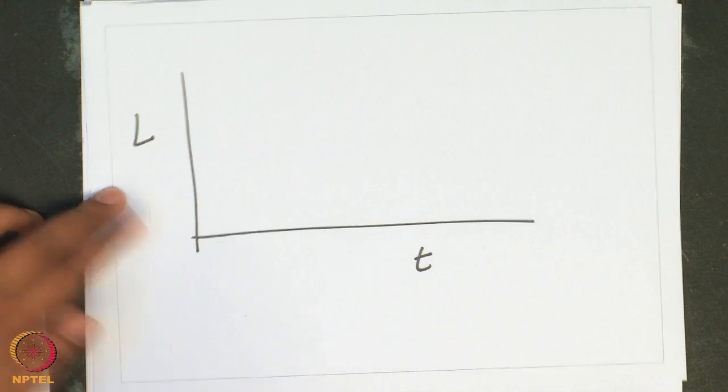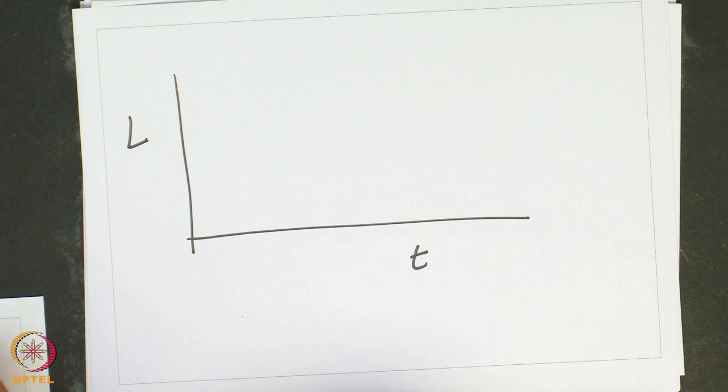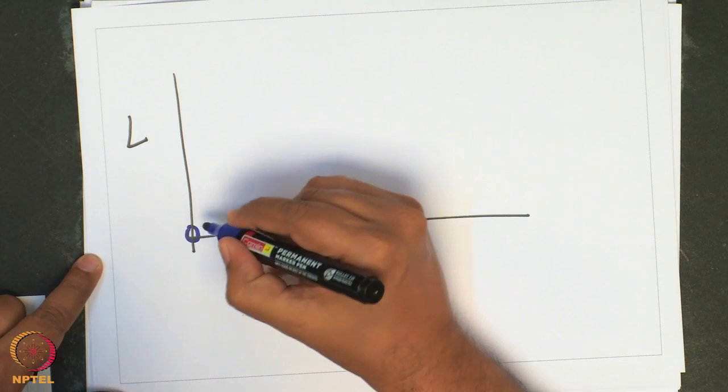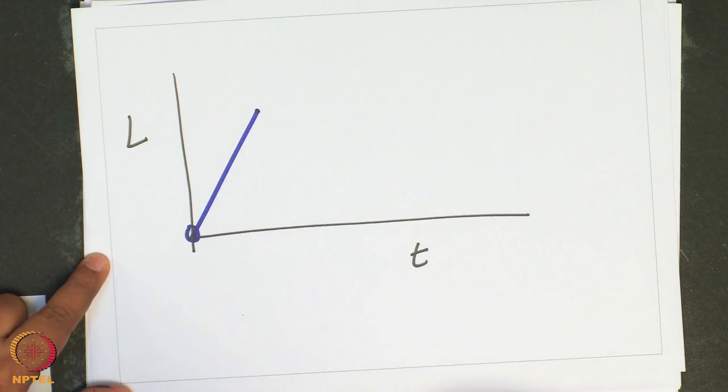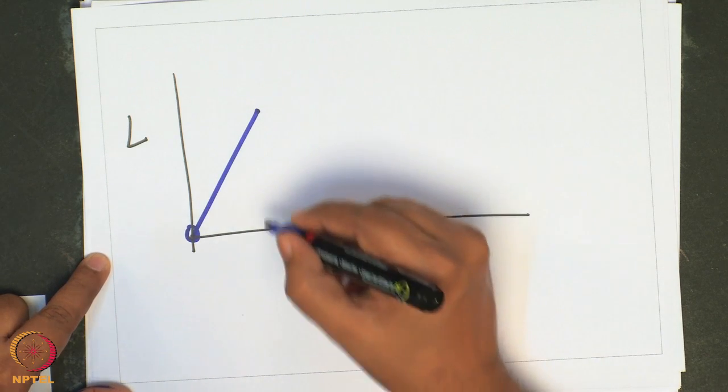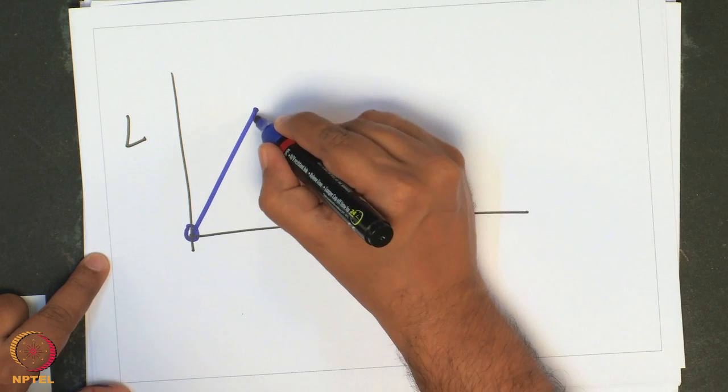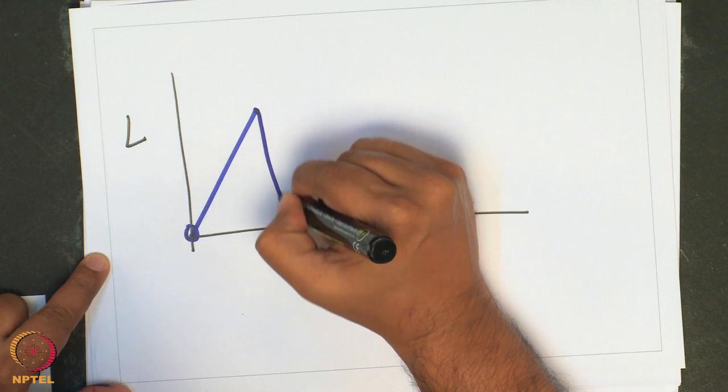Microtubule is a polymer, of course. It starts with a small length and grows slowly up to a point, then suddenly it shrinks, almost rapidly it shrinks.